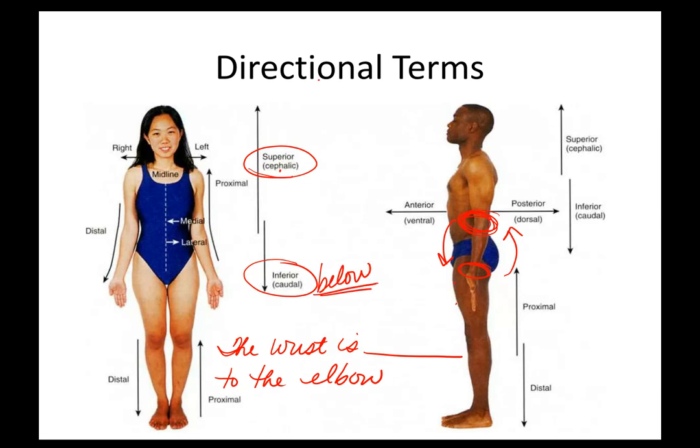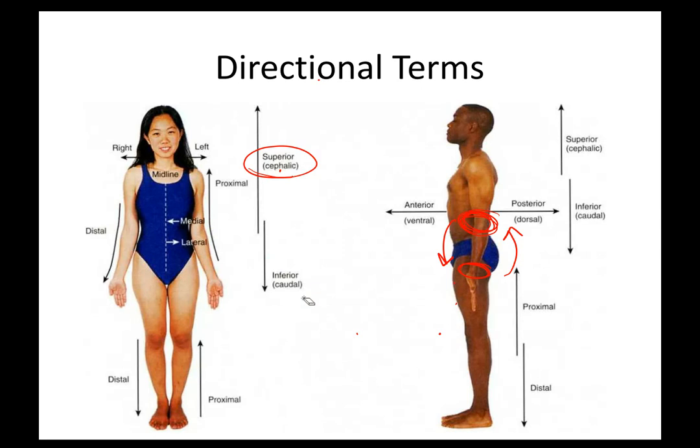Below, right? Because it's further down. So we would say the wrist is inferior to the elbow in this case, because we're specifically using those terms, okay? So we have medial and lateral that we just talked about, and we have superior and inferior.